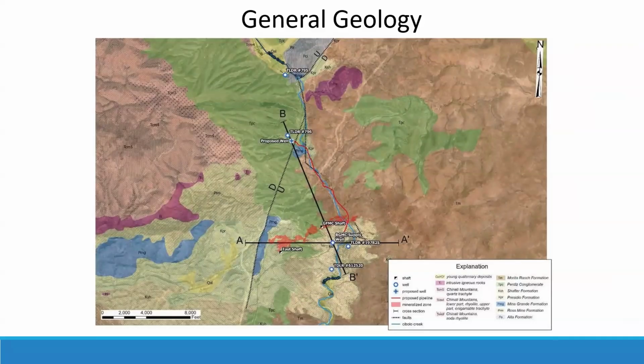I did not concentrate on west of the Mina Grande fault for various reasons, but the main thing that we looked at on the west side of this fault was, is it called the Perdiz conglomerate? That's a pretty good water bearing unit over here in that area, but we didn't look down here. There's really not much data as far as wells go. Well, there's zero.